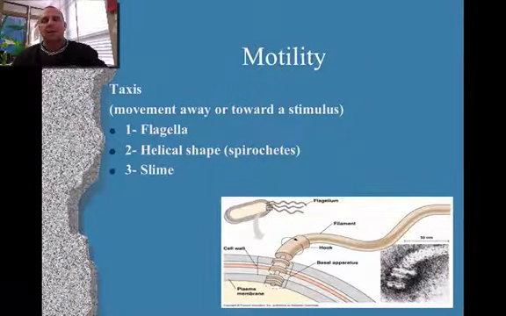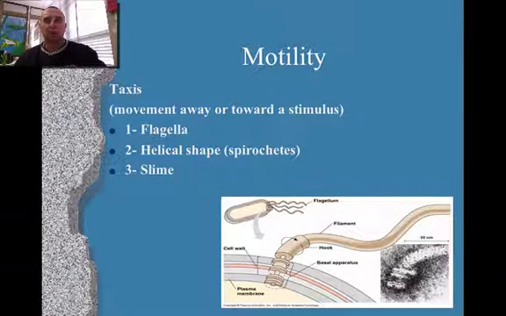Now, when we talk about prokaryotes, most of them are motile. That means most of them move, and they have some kind of taxis, which is simply a movement away from or towards a stimulus. For example, it would be moving toward food or water and away from maybe light or toxins. There are three basic ways they can move. Flagellum, which is a whip-like structure behind the bacterium.